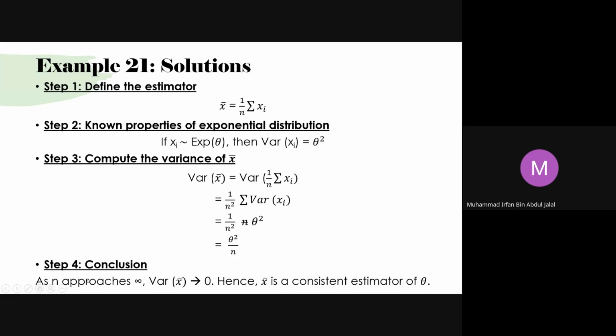That's the reason why we can conclude that as n approaches infinity, the variance of x bar will also approach zero. Hence, x bar is a consistent estimator of theta.